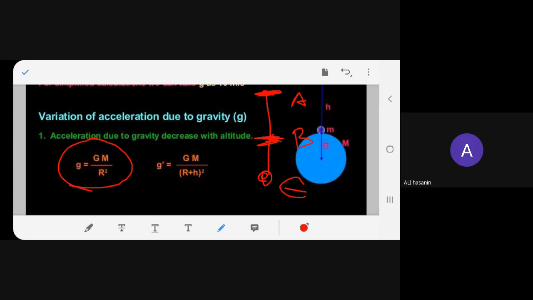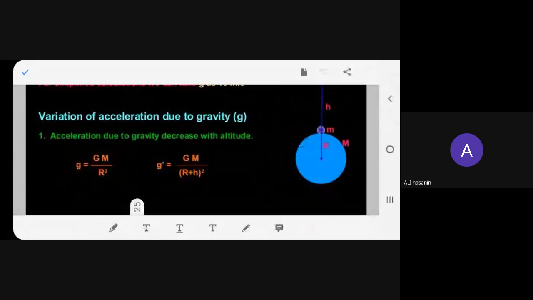Isn't it? The pull is less when we go high. The pull is more when we come down, right? For example, I give a very common example. When you were young, you would slide. So this is the slide.